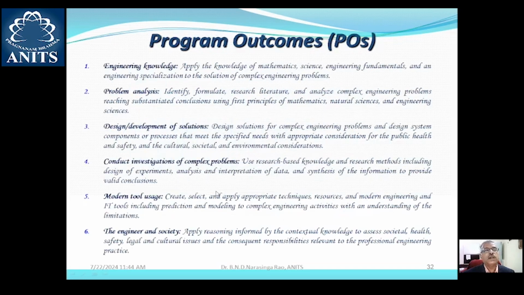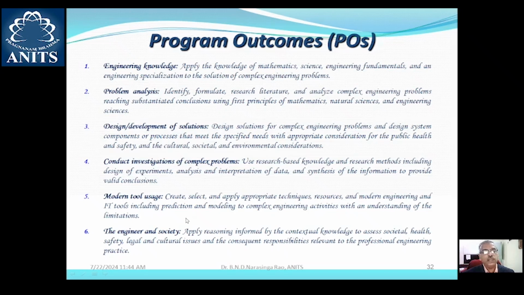And these are the program outcomes as defined by the Washington Accord. The first 5 program outcomes are the domain specific outcomes in the form of engineering knowledge, problem analysis, design or development of solutions, conducting investigation of complex problems and use of modern tools.